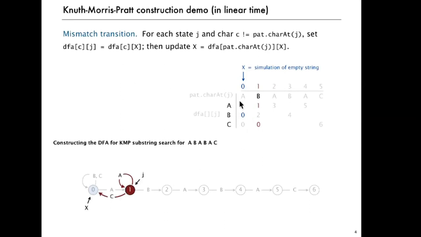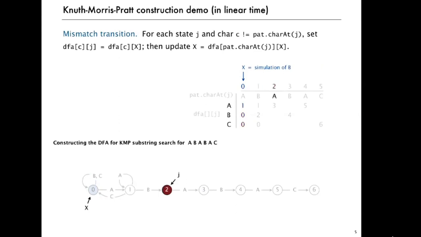Maybe you notice that's just taking the entries corresponding to the entries we need from X's column and putting it in J's column. That's all it is. And then we need to update X, which is where it would be if we match the B. So X will stay in state 0.